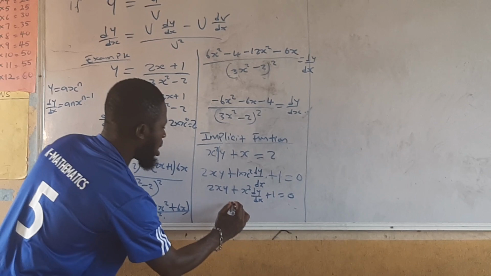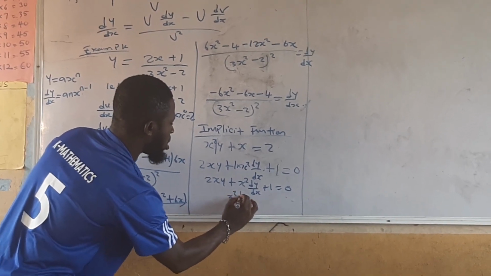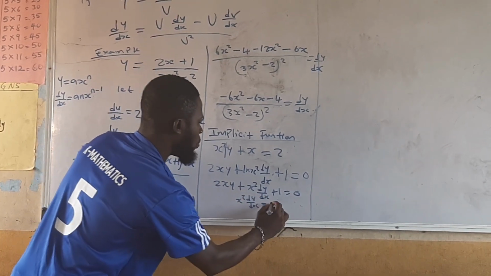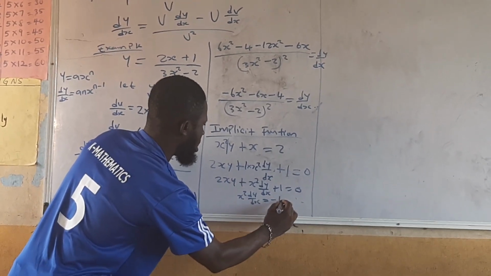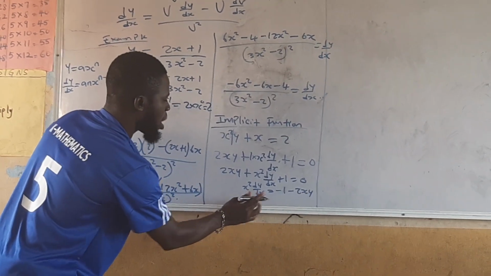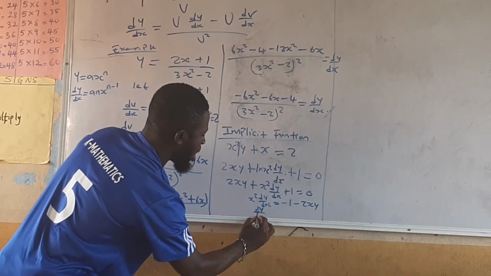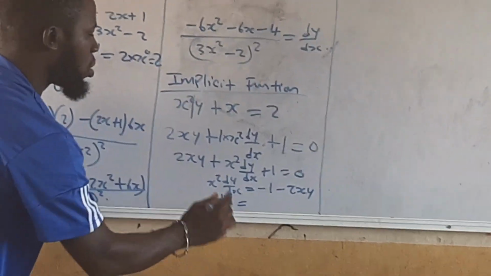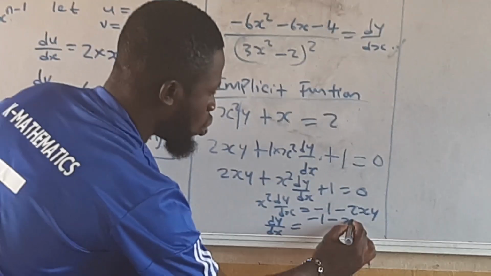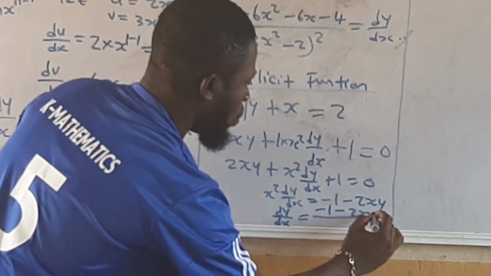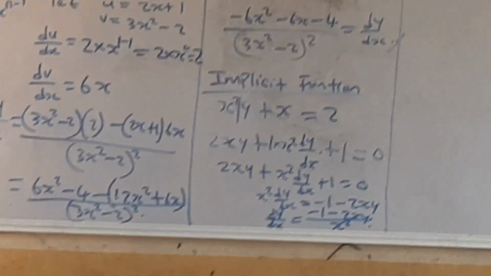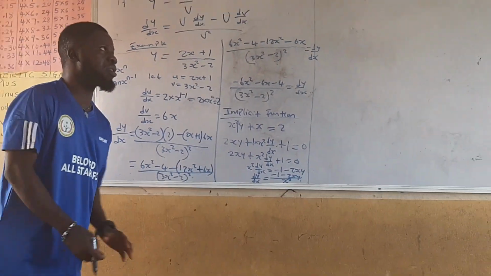So leaving this one here, we have x squared dy/dx equals minus 1 minus 2xy. Then making dy/dx the subject of the formula, you divide both sides by x squared: dy/dx equals (minus 1 minus 2xy) all over x squared. So this is how to do your implicit function and you get this answer.